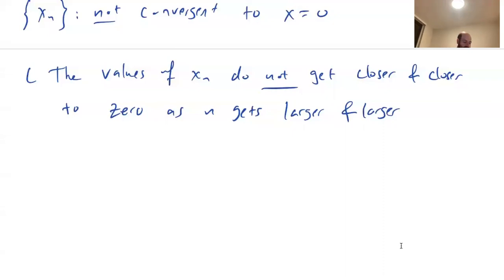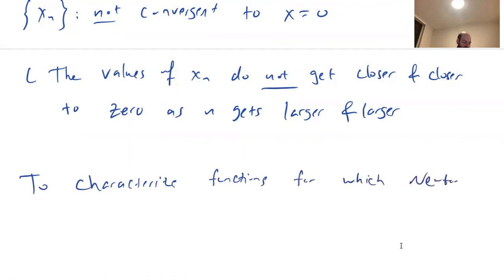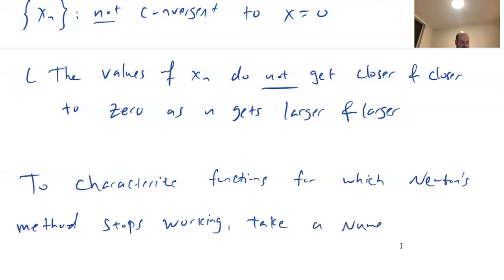So to characterize the functions for which Newton's method stops working, take a numerical analysis course, usually a third year level numerical analysis course.